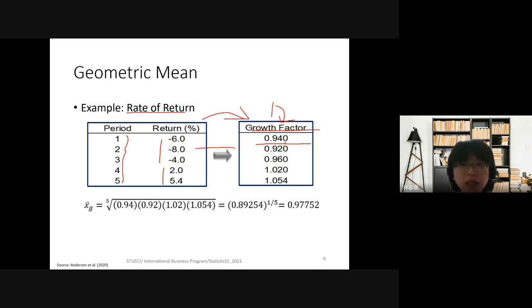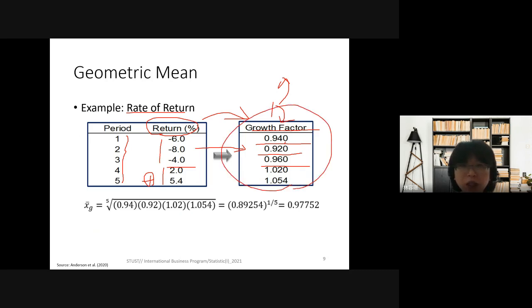The second is less by 8 percent, so 1 minus 8 percent gives 0.92. The other is less by 4 percent, so that is 0.96. But if the return is positive, that means it is higher than 1, so that is 1.02, 1.054.